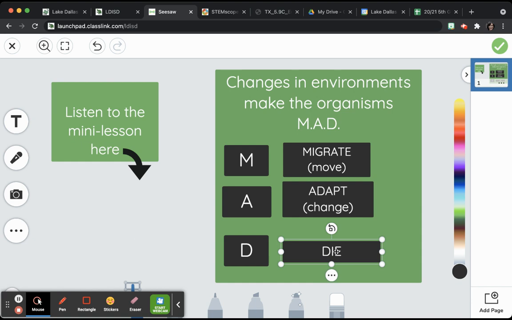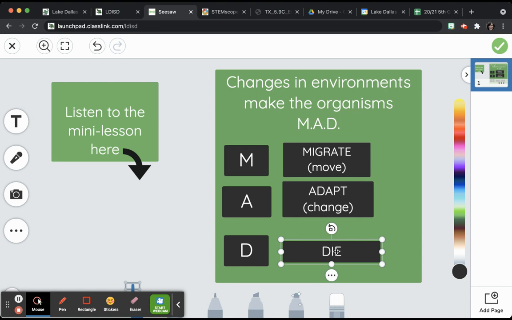Well, obviously, pollution can kill the living organisms that are there. So these are the three ways organisms deal with changes in environments: M stands for migrate, A stands for adapt, and D stands for die.